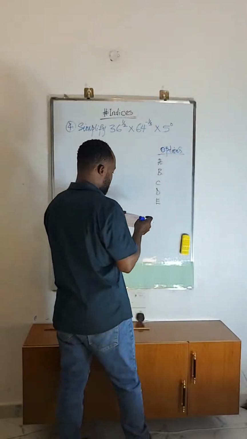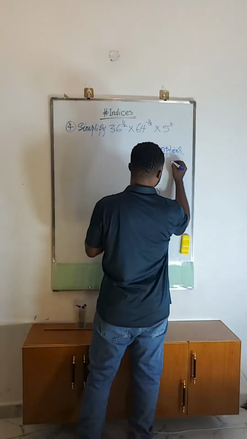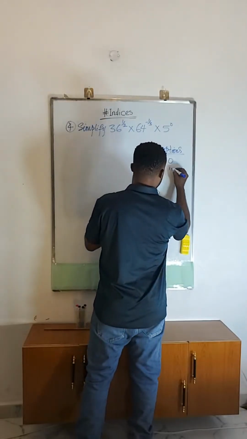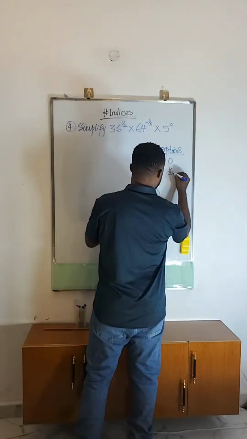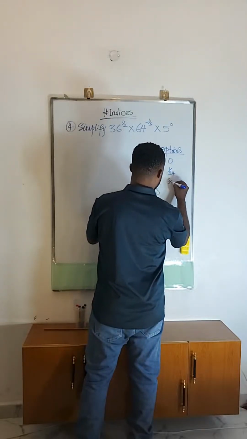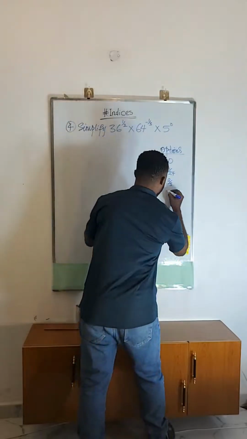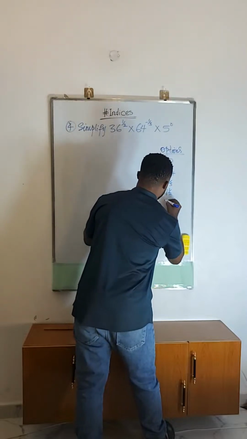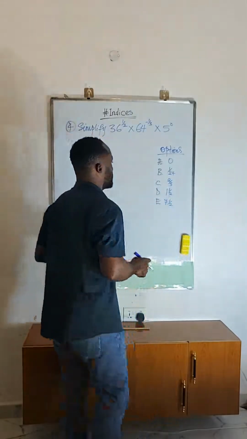Then you have options: option A is 0, option B is 1 over 24, option C is 2 over 3, option D is 1 whole number 1 over 2, option E is 7 whole number 1 over 2.